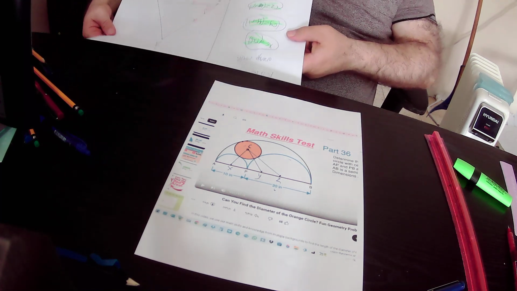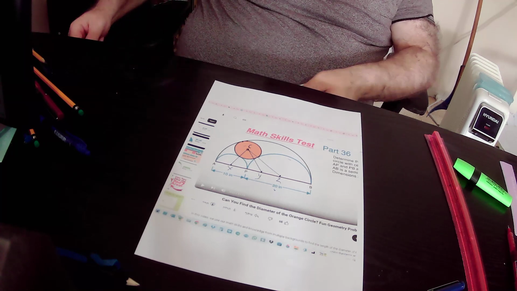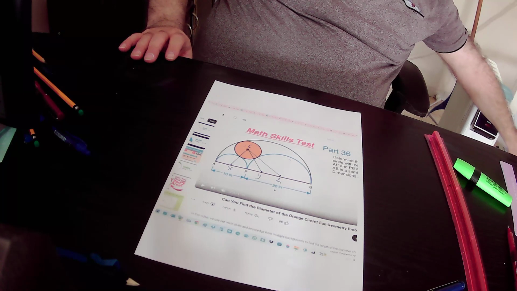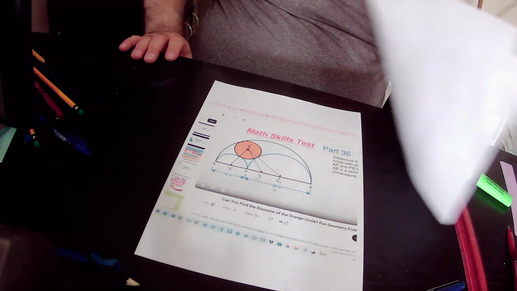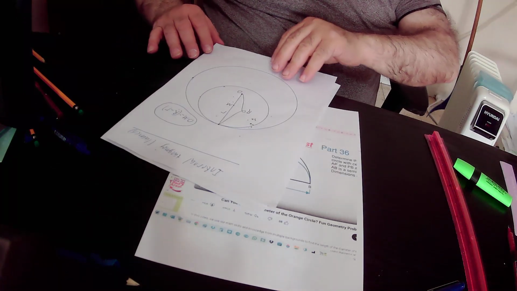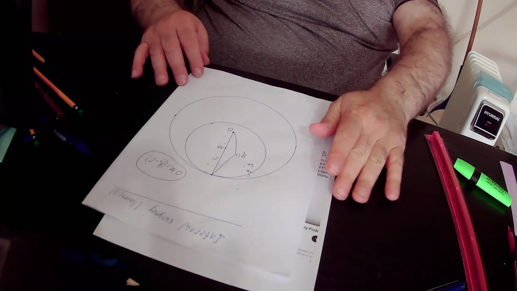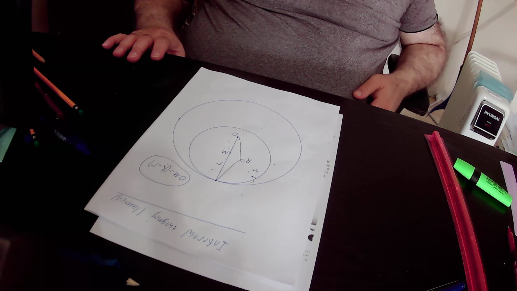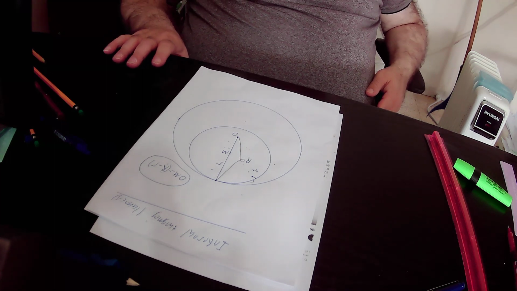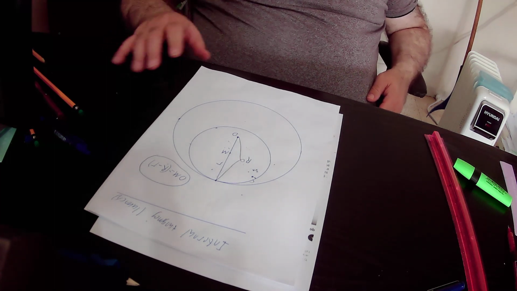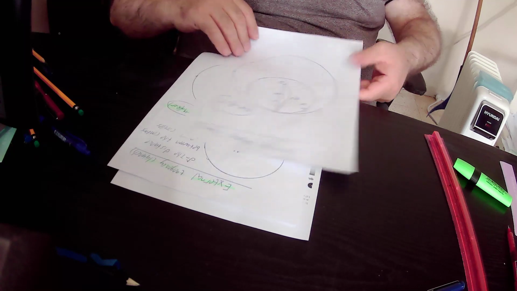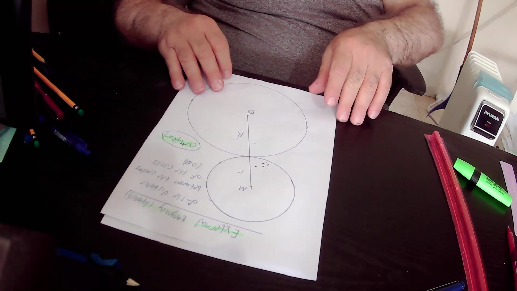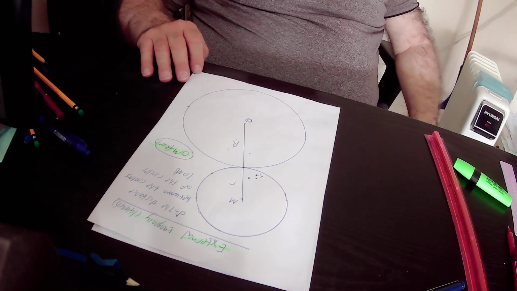In the drawing, I presented to you 2 new terms. The first new term is the internal tangency. When 2 circles are touching each other, the first term is the external tangency.